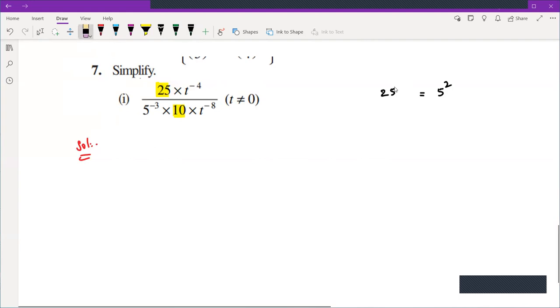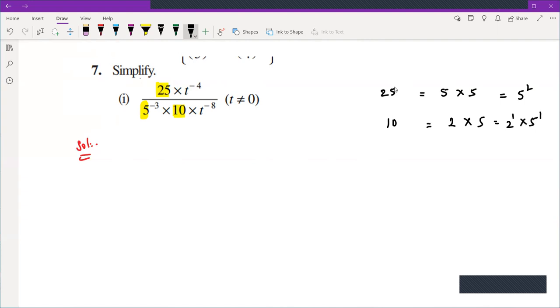One more is here, already 5 is the prime number in the base. The other one is 10. 10 we can write as 2 times 5, which is nothing but 2 power 1 into 5 power 1.